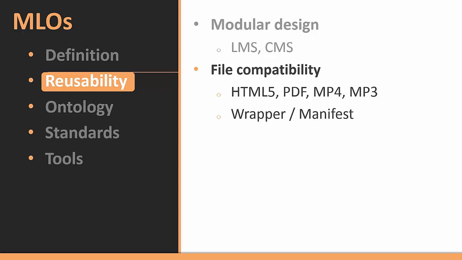It's essentially structural metadata, and it allows that PowerPoint presentation or that video or that PDF that you created to be ingested properly by any type of learning management system and display accurately and interact accurately with the other elements within that particular platform. So again, the whole key here is interoperability that's leveraged because of all these different file compatibility standards that have evolved over time.